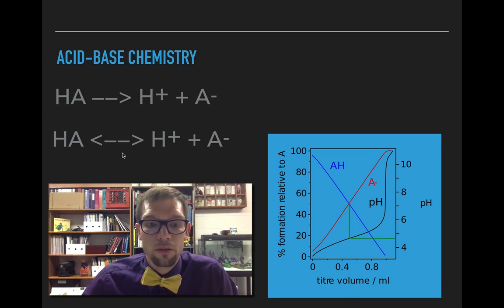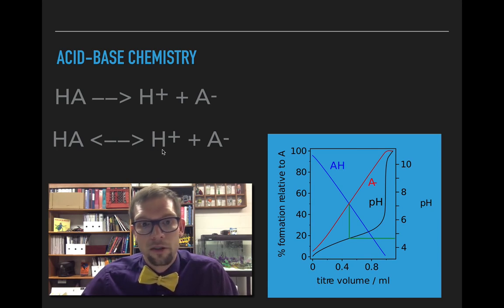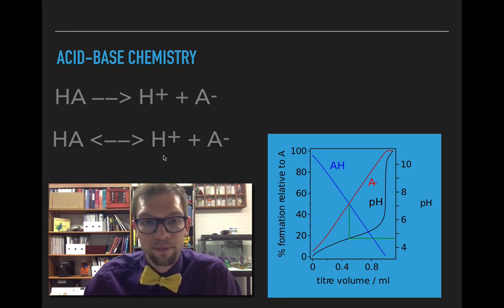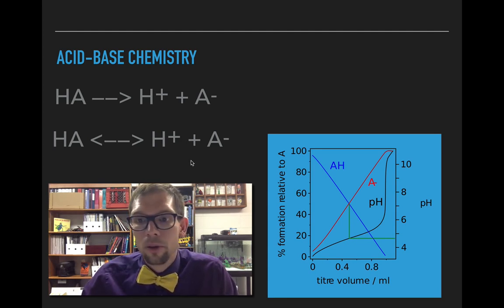An example of this would be bicarbonic acid and bicarbonate. So bicarbonate is going to be the weak base that goes in this direction, and bicarbonic acid is going to be the weak acid that goes in this direction. So this HA here is the weak acid. This A minus is its conjugate base. And that's it for this video. I will see you in class.